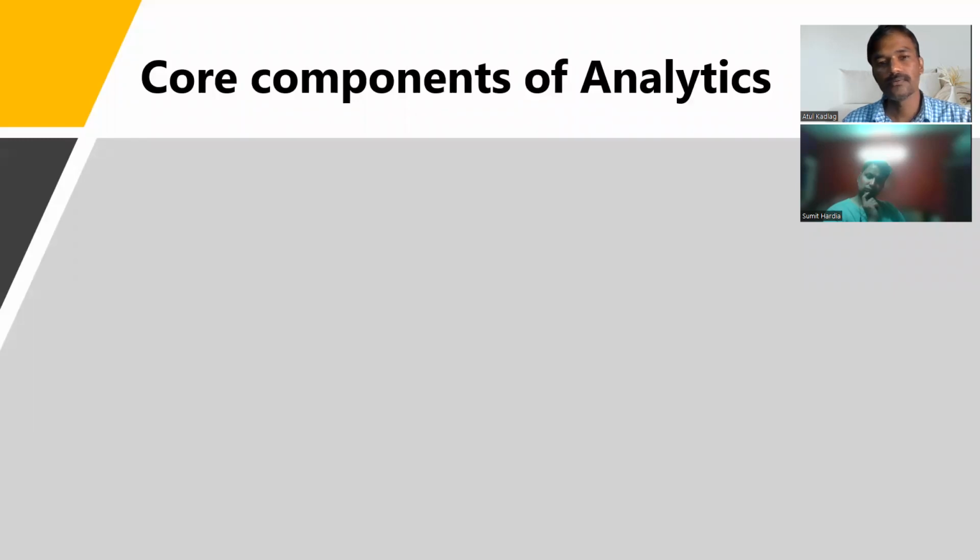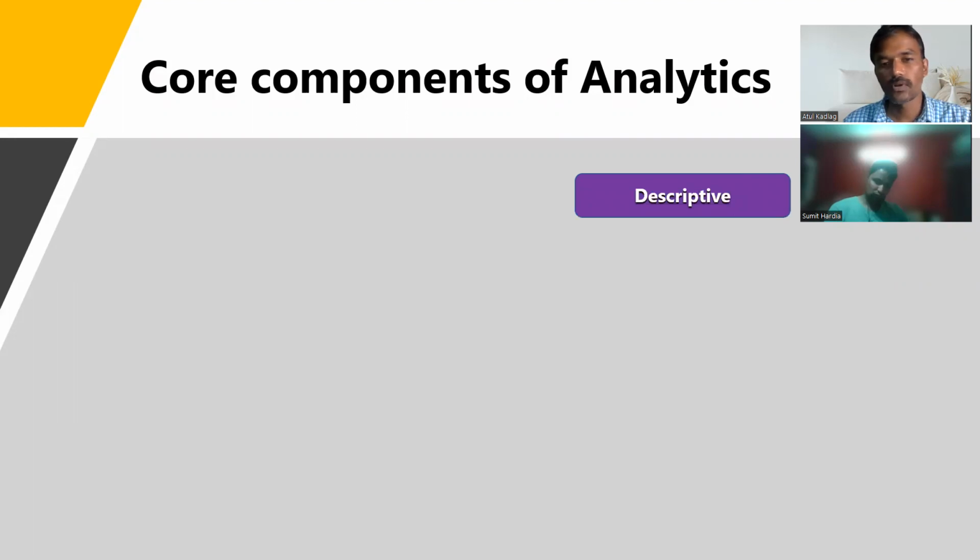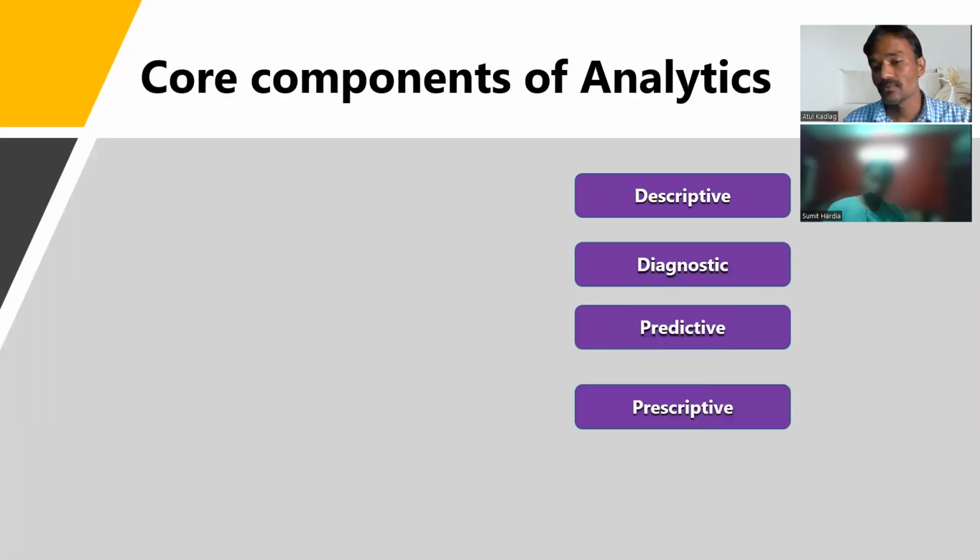Now, when it comes to analytics, we need to understand the different core components of data analytics. There are a few core components: the first one is descriptive, then diagnostic, predictive, prescriptive, and cognitive. These are the five core components of any analytics.